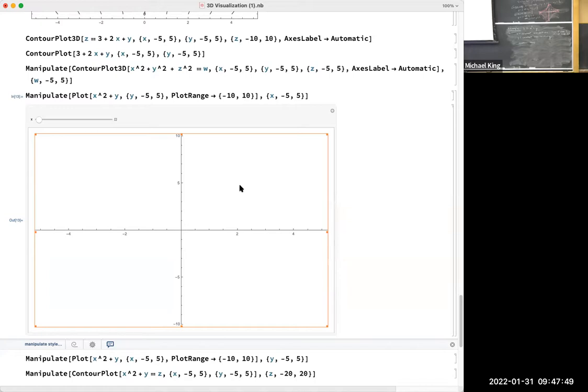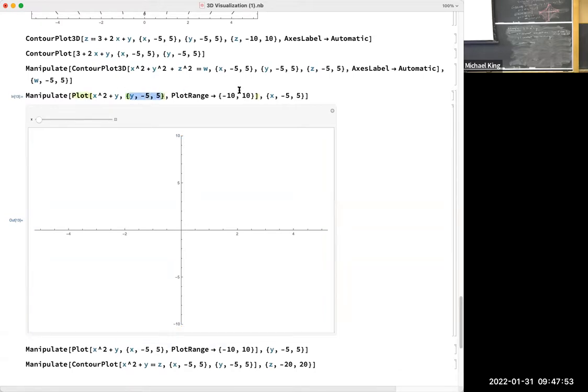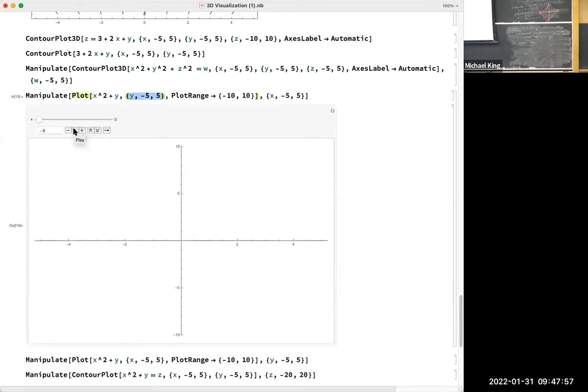I think I have that right here. I'm letting y change and I'm fixing values of x. The y and the z axes are not... or the x, wait, what is this?